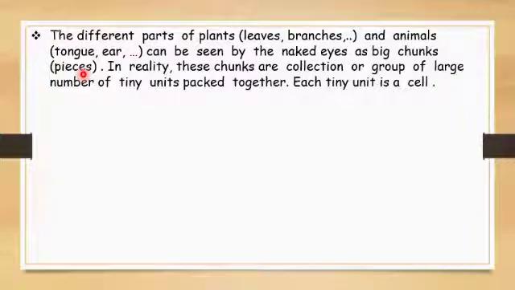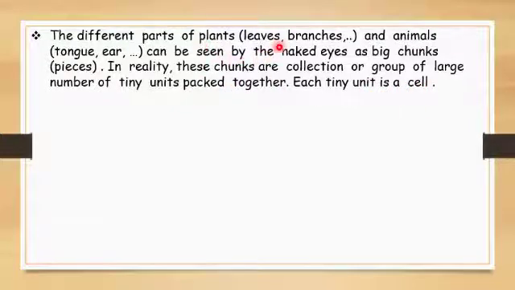I can see them as organs. In reality, these organs or chunks are a collection or group of a large number of tiny units packed together. Each tiny unit is a cell.